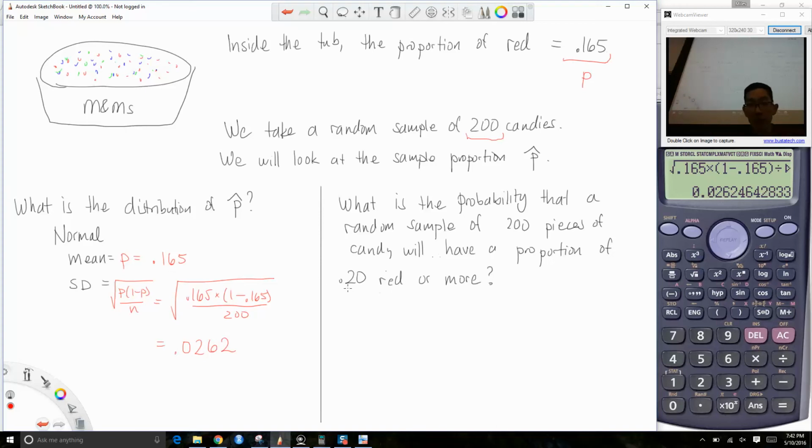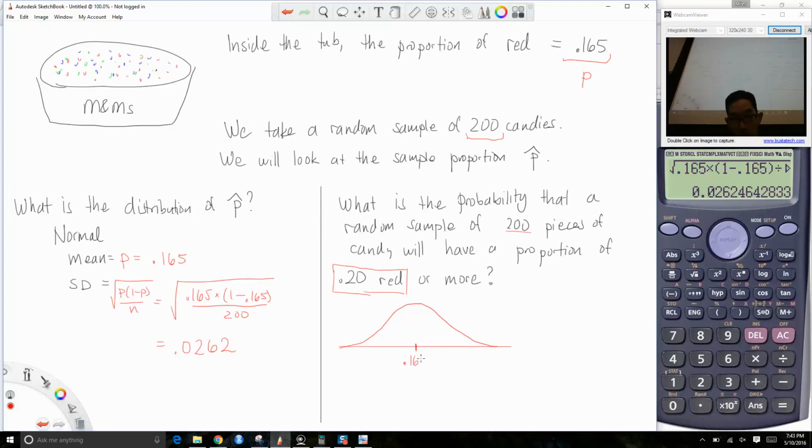Okay, so let me give you some guidance on how to do this part of the problem. Here it says we're taking a random sample of 200 and we want to know the probability of getting a proportion of 0.2 or more. So this now becomes just a regular old normal distribution problem. What is the value that goes right here in the middle? The mean, right? The mean of 0.165.